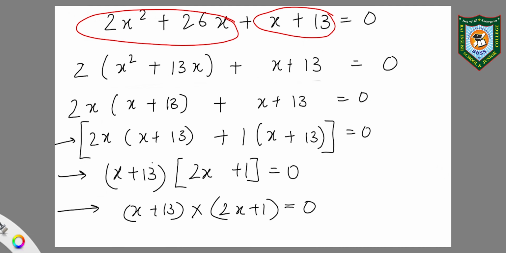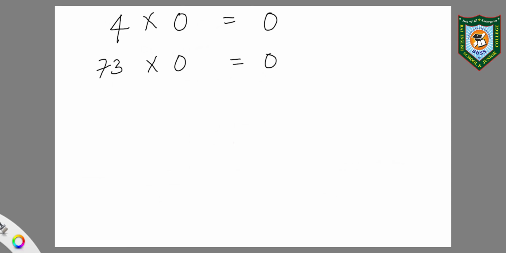Now, in order to get the roots, we need to understand a very simple concept. So before moving on to solve the roots, we'll understand that concept. Let's pick a number. Let's say I have a value 4. If I multiply this by 0, the value becomes 0. Let's pick another number, let's say 73. If I multiply this number by 0, that again becomes 0.